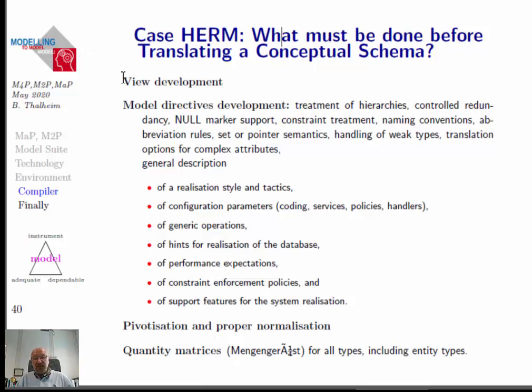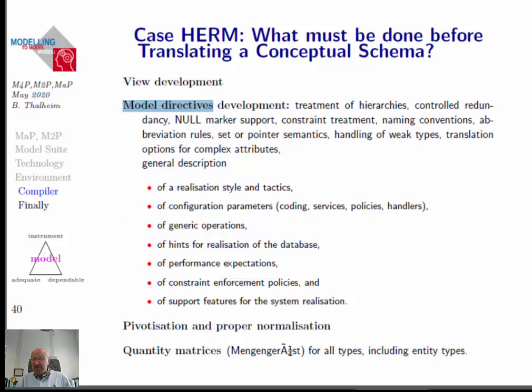Then in this case I can also add to my model a number of directives. Model directives are the treatment of hierarchies, which kind of redundancy I would like to have, the null marker support, constraints treatment, naming conventions, etc. And then you can say, okay, fine, I'm using a number of realization styles and tactics.